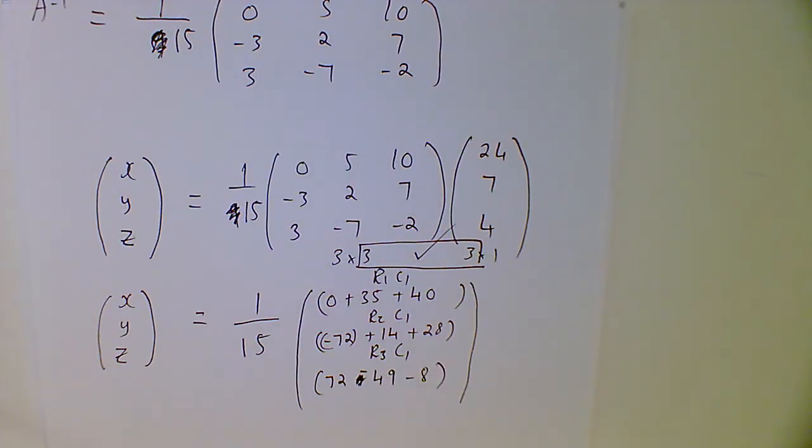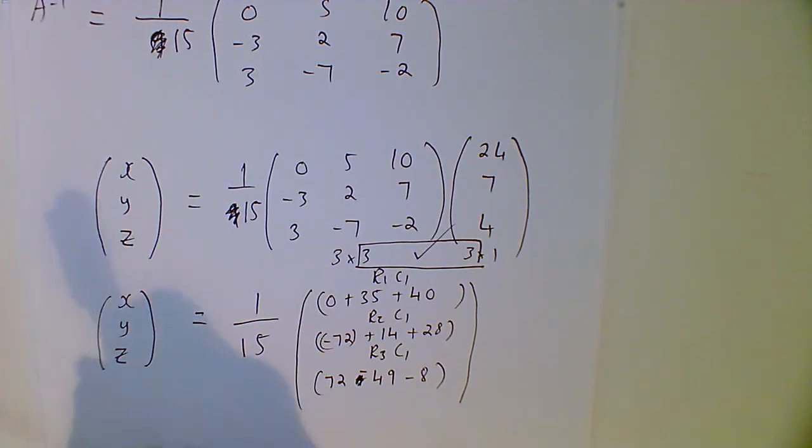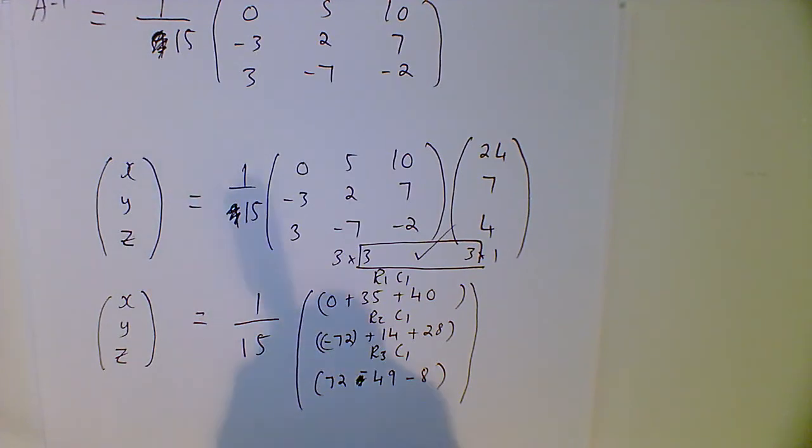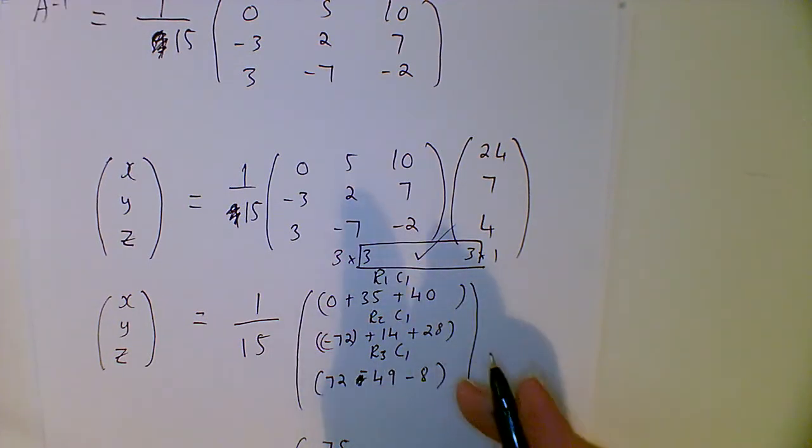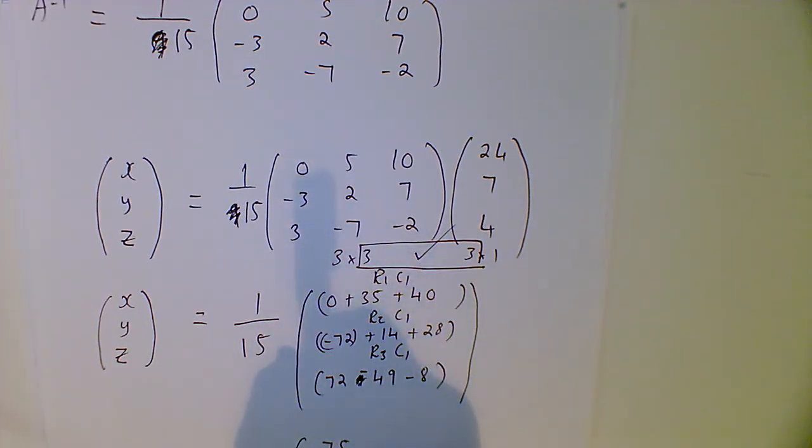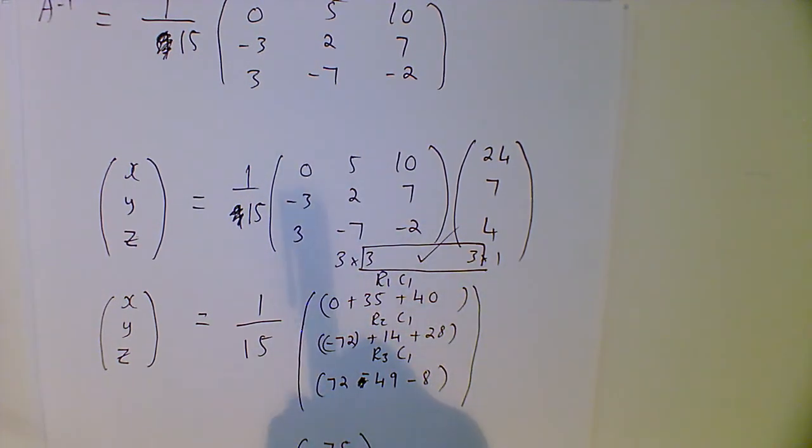Plus 8. Okay. So that gives you 75. That there gives you negative 30, and that there gives you 15. Check 72, 72, 49. Yep, 15.